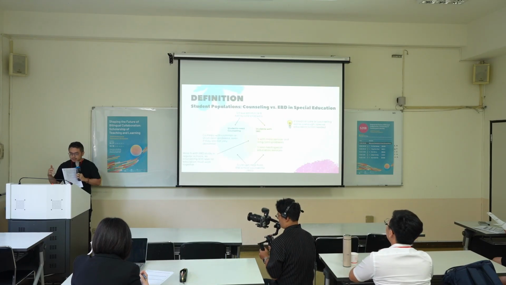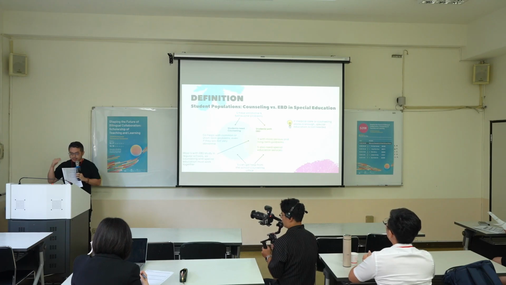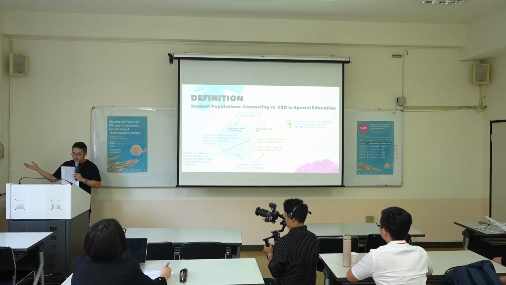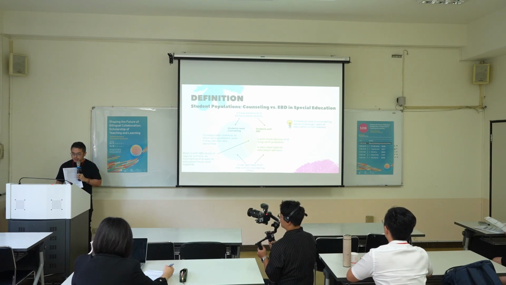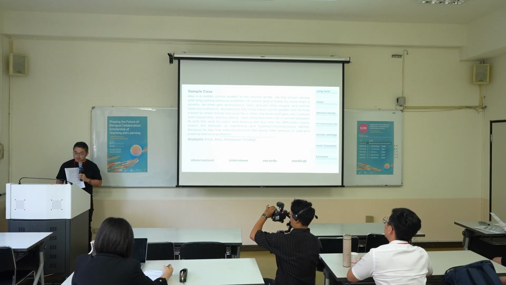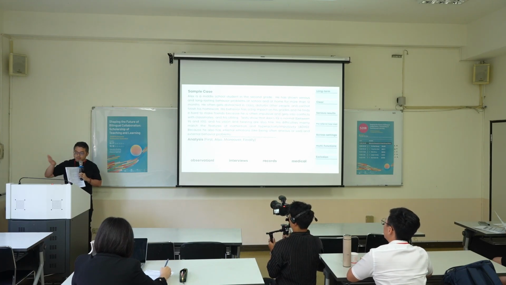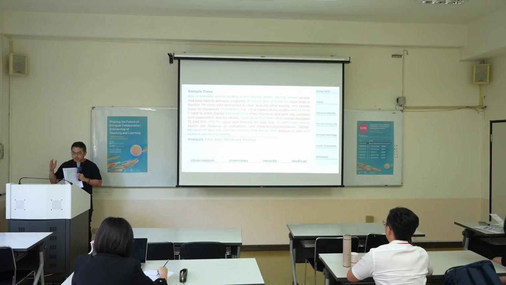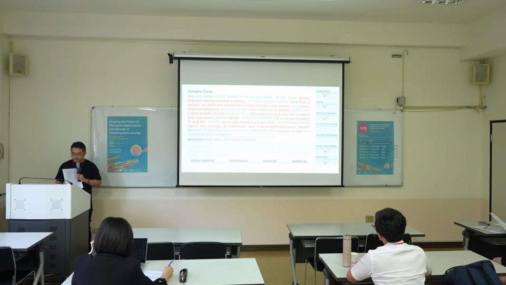And this compares the student population in the counseling office and the students who need special education. And that is the group activity. The right side has the seven boxes for students to check, and I will show them step by step how to finish the task.